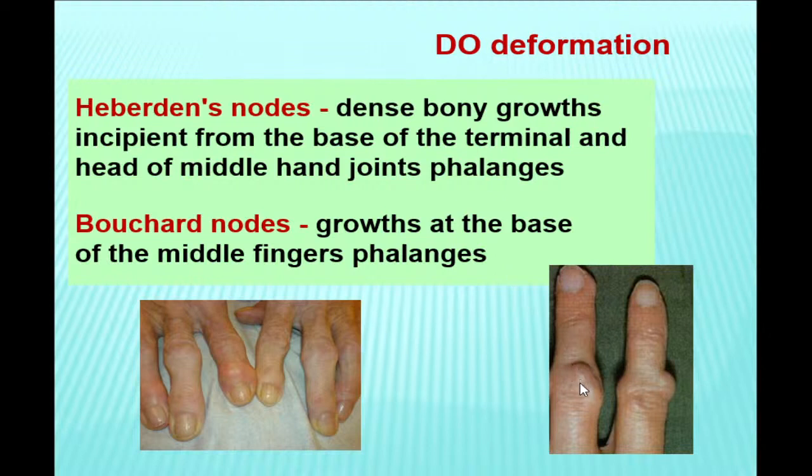You see abnormal growth of the bone tissue with formation of nodules, terminal Heberden, middle Bouchard. Each is characteristic for deforming osteoarthrosis. You see visual deformation, a cosmetic defect, but functional activity is slightly restricted but preserved. The patient is able to do some manipulation.